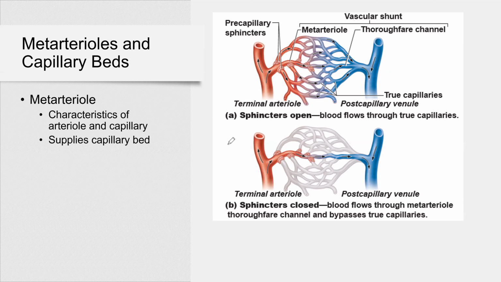You want more blood to your skeletal muscles at this moment, and you don't want blood flow to your digestive system, because when you're exercising or running for your life, this is what we call the fight or flight response.